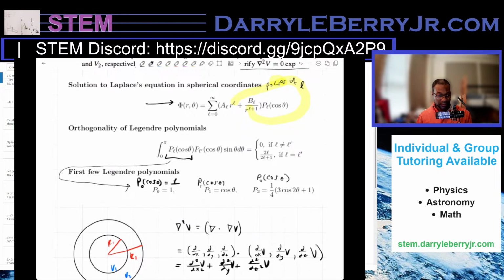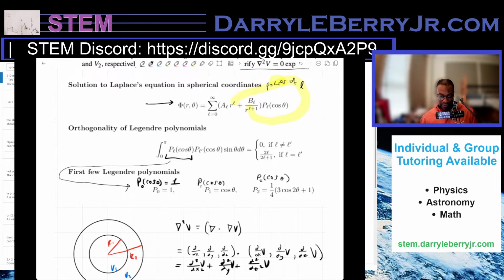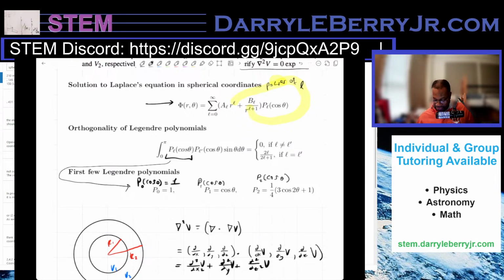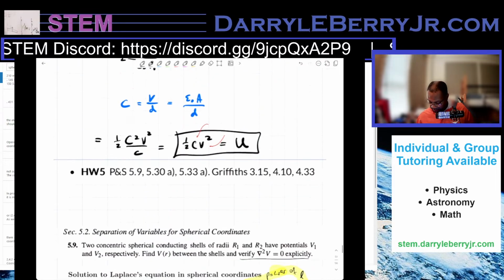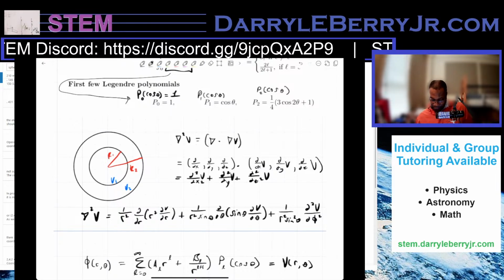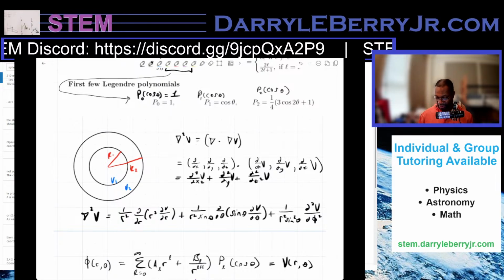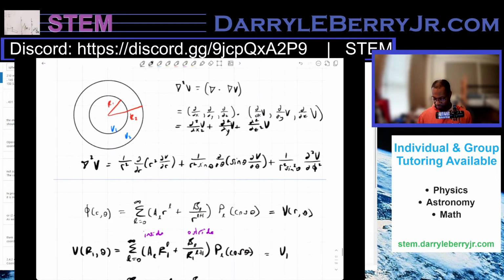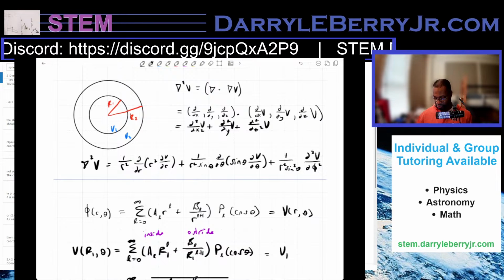And though it's not clarified in the solutions, we need to have a solution that's not dependent upon theta. Looking at this, because we have a spherical symmetry, it doesn't matter which angle you're at. It's the same. It only changes per the radius.